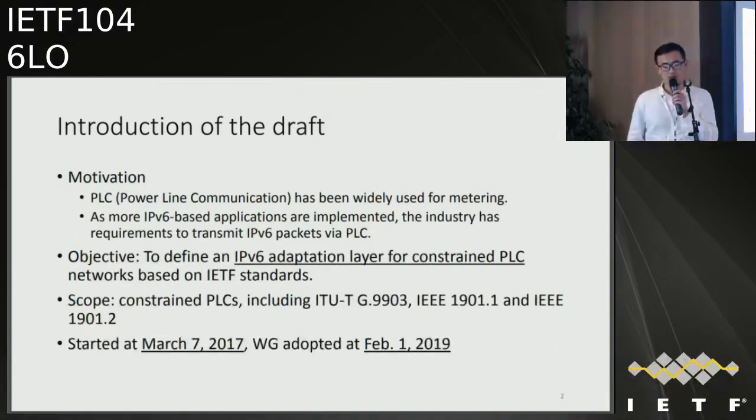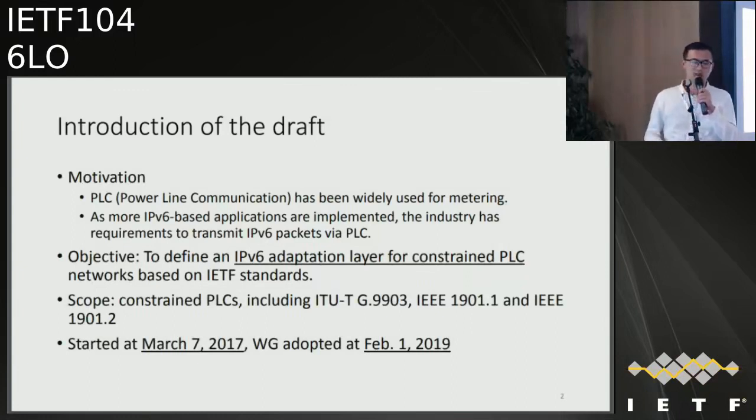And so we need an IPv6 adaptation layer for constrained PLC, because historically, only for metering, maybe layer 2 is enough, but now we need to transfer it to layer 3. So for this draft, the scope is the constrained PLCs, which have constrained bandwidth and constrained bit rate.